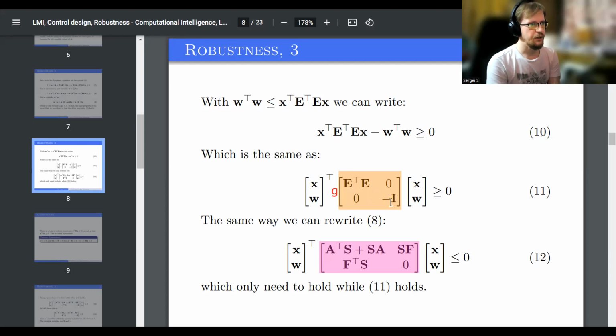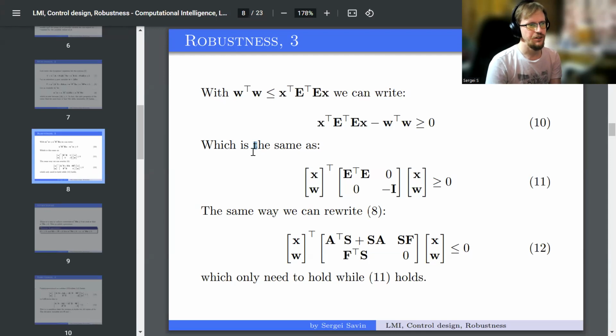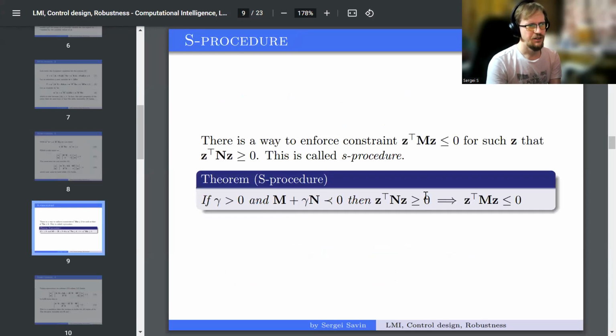This minus sign makes me scared. So double check before you're going to use it. Double check the proof, okay? Because I'm pretty sure about this being positive. All right, good.